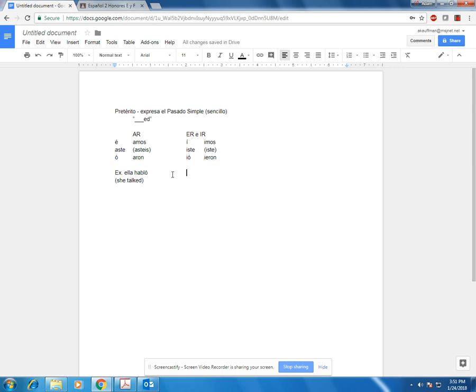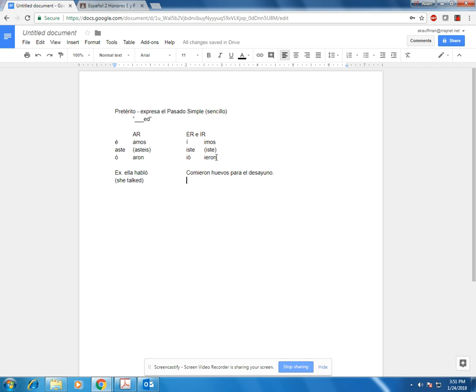Let's do an example with an ellos form. An ER-IR verb. Okay, ellos comieron huevos para el desayuno. So once you've got these memorized, you'll be able to see that ending and go, oh, ieron.